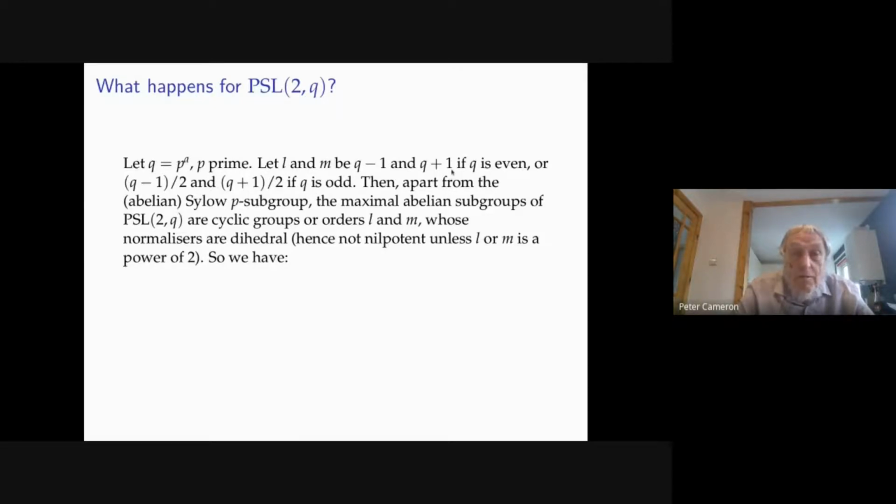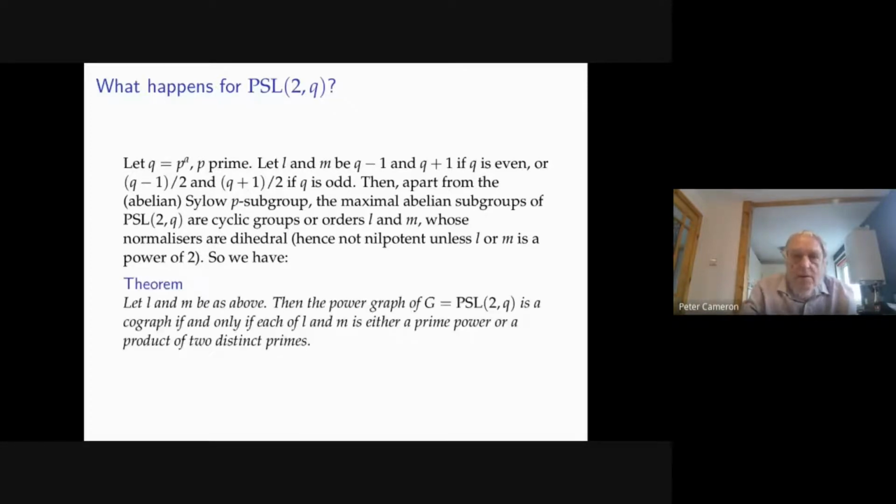But we know that if the power graph of this group is going to be a cograph, then those cyclic subgroups' orders must be either prime power or a product of 2 distinct primes. And that's extremely restrictive. So this is what we conclude: the power graph of PSL2Q is a cograph if and only if each of L and M defined like this is either a prime power or a product of 2 distinct primes.